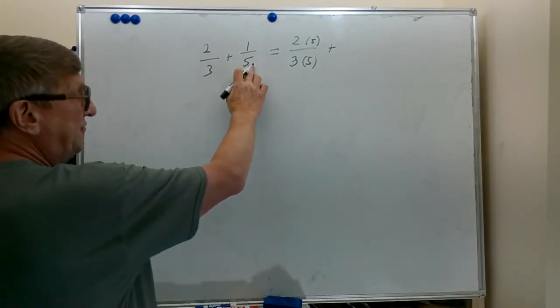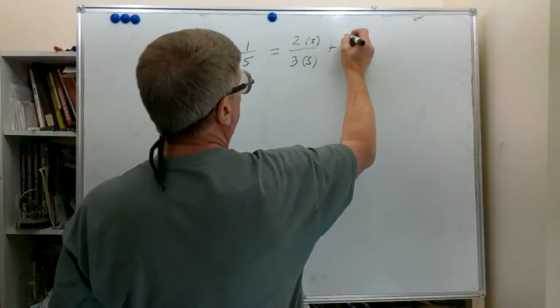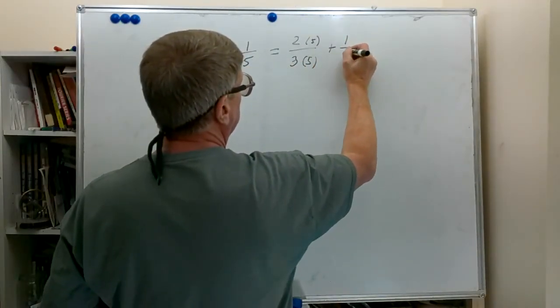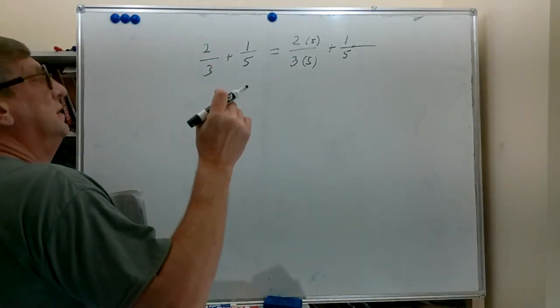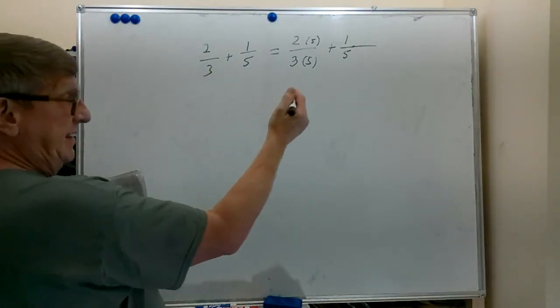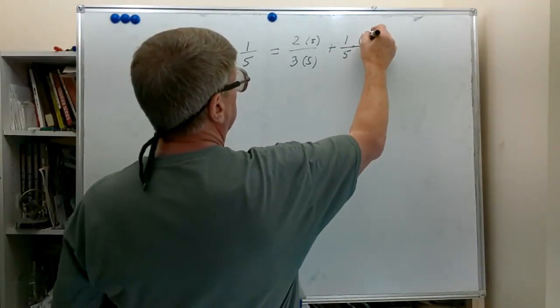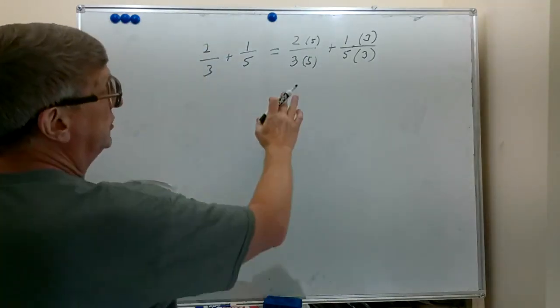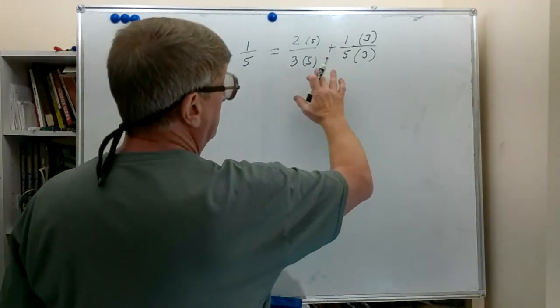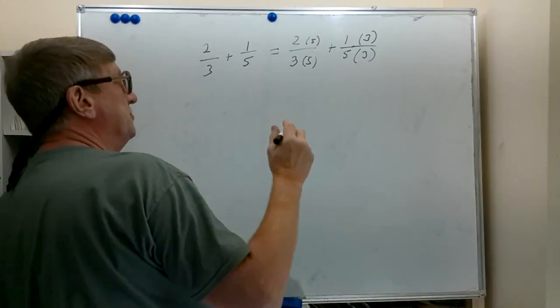And again, 3 times 5 is 15, so for the 1/5, we can deal with that by multiplying both the numerator and the denominator by 3 this time. You notice that we're going to have a 15 for the denominator of both of these after we do the multiplication.